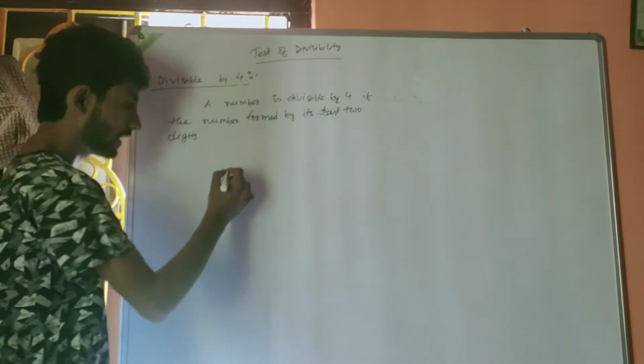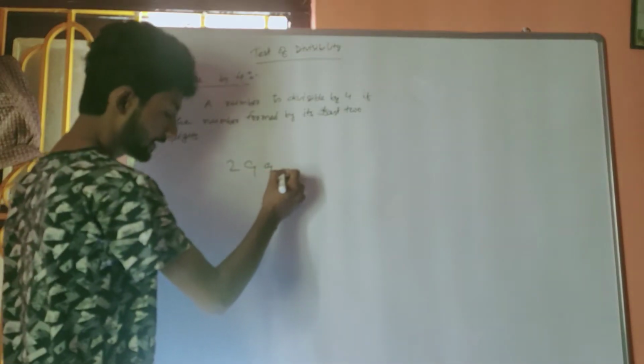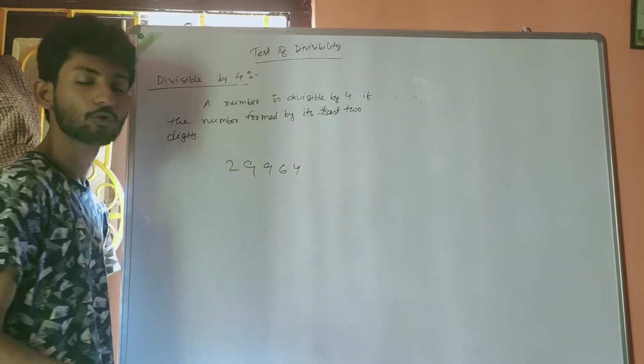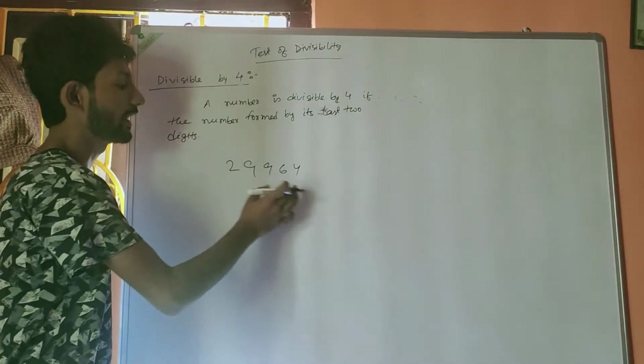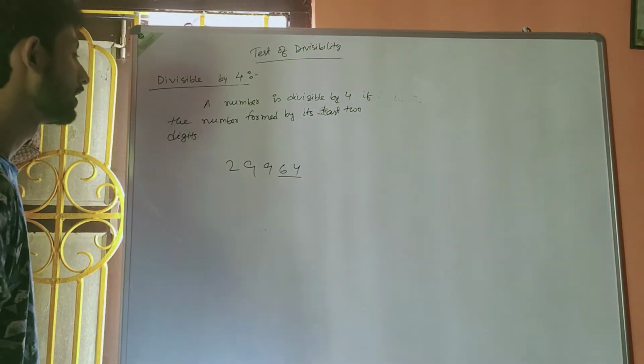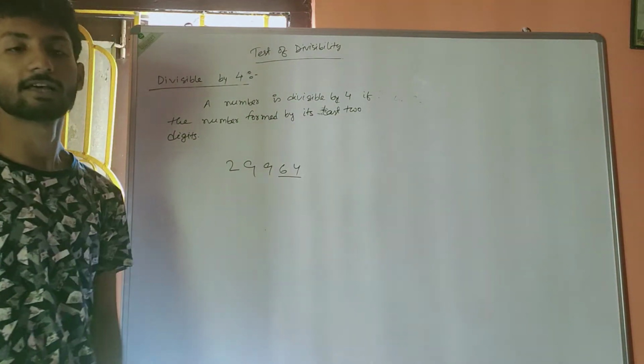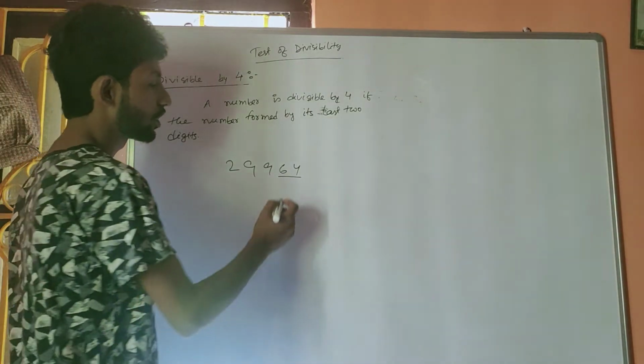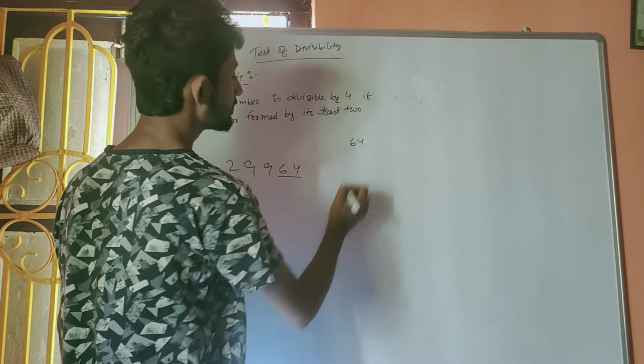Suppose there is a number 29964. From your book I took that one. Here the last two digits are 64. The number formed by the last two digits is 64. So look, 64 is divisible by 4.